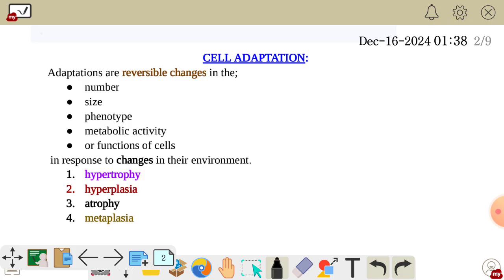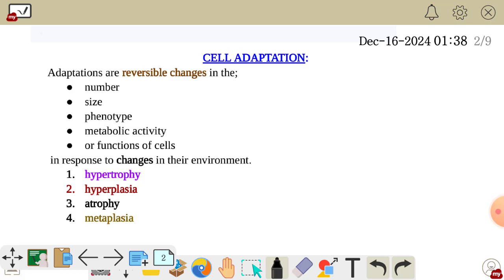So that is what we call adaptation. So it's simply a reversible change. So this response to changes is due to the condition of the environment where that cell is.